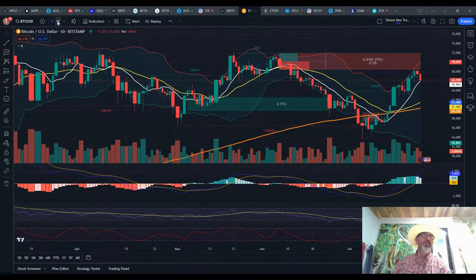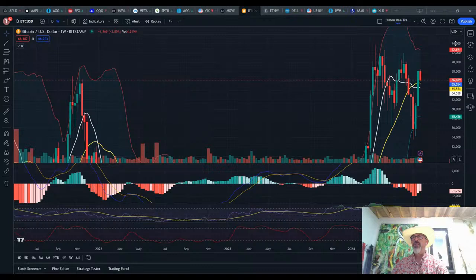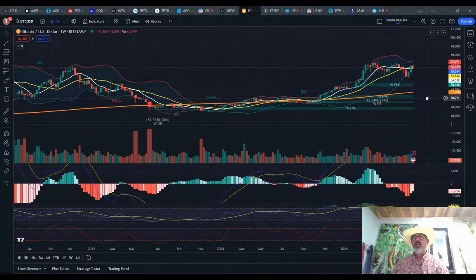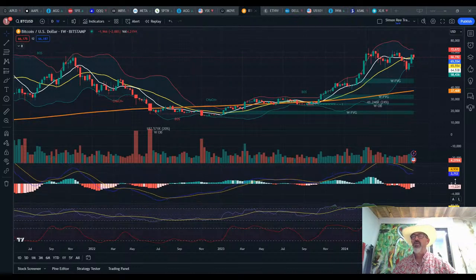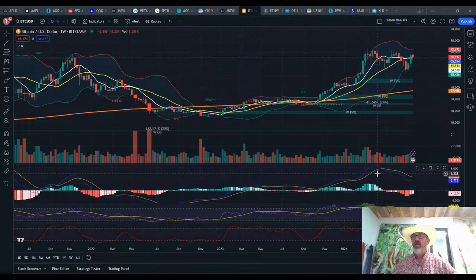So that's a daily. Check out a weekly. Sort of interesting. Above the 20, above the 9. It'd be really cool if the 9 moved through the 20, and we had a movement up, and we had these Bollinger Bands sort of span out, and that would mean things are going higher, which easily could be happening.